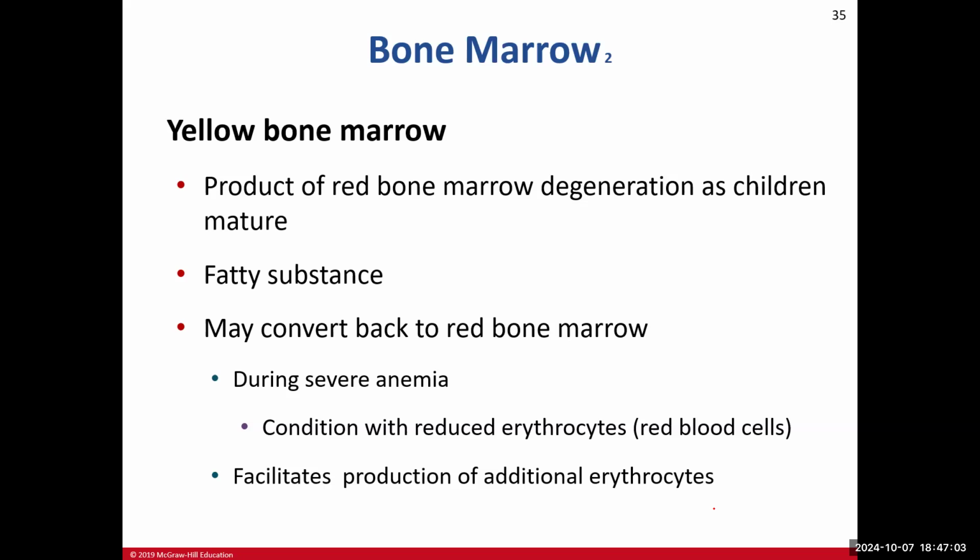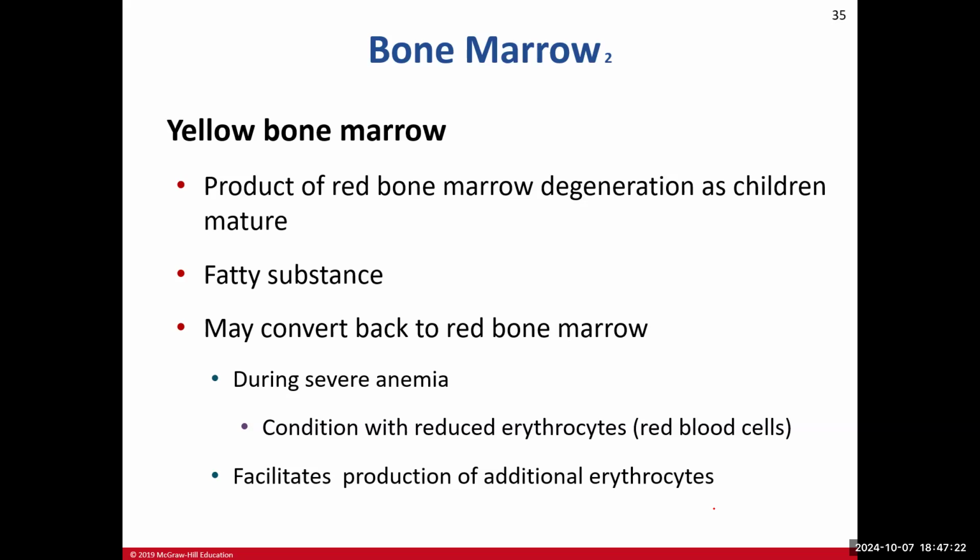Someone that becomes anemic, we may see that some areas of their long bones have become active again and are starting to produce blood cells, depending on what the anemia is. So in a pinch, we can utilize that yellow bone marrow.